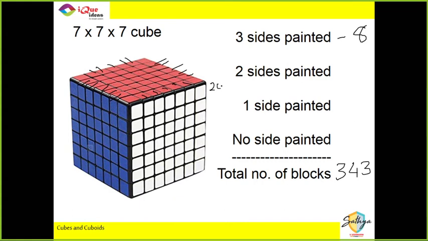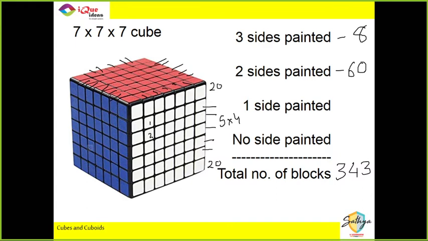So 20 in the top layer, 20 in the bottom layer, and 1, 2, 3, 4, 5. 5 multiplied by 4, 20 in the middle layers. So total 60 pieces will have 2 sides painted.